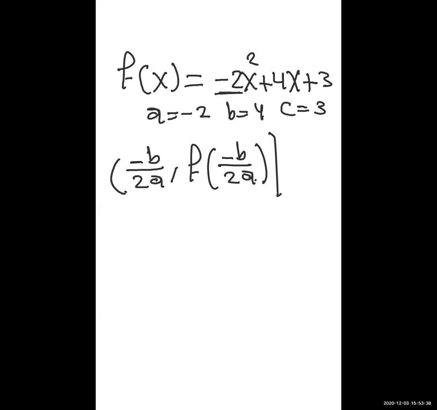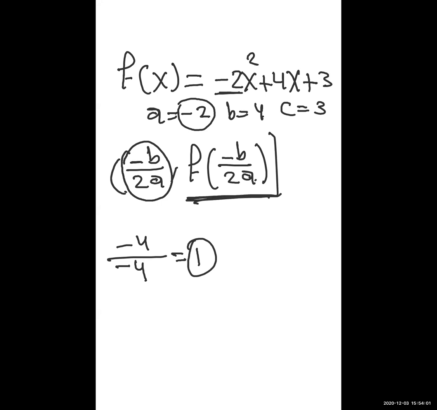So negative b over 2a, negative b means negative 4, over 2a, which is 2 times negative 2, also negative 4. So the first point will equal 1. So the vertex point is 1. Now get f of negative b over 2a, which is f of 1. f of 1 will equal negative 2x squared, which is 1 squared, plus 4 times x, which is 1, plus 3.